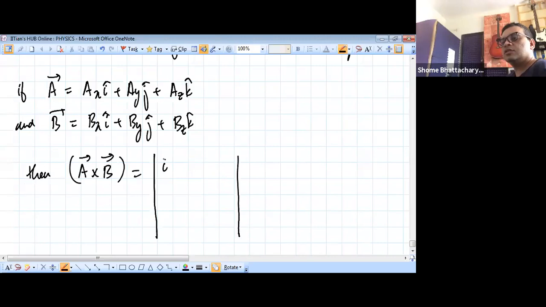Okay. The first row is nothing but the unit vectors I, J, K. Okay. And the second row becomes the components of the vector A. So that becomes Ax, Ay.